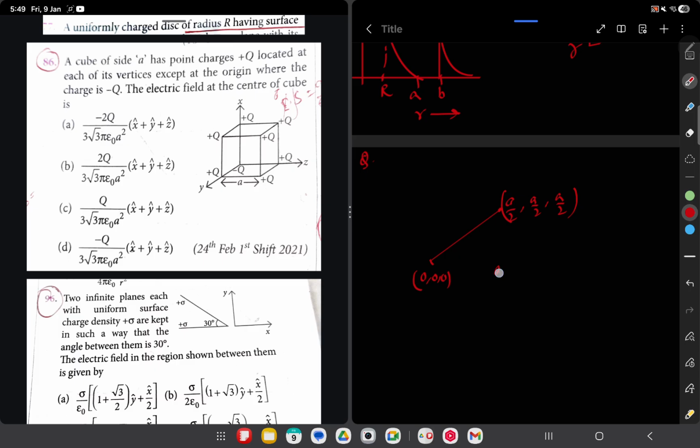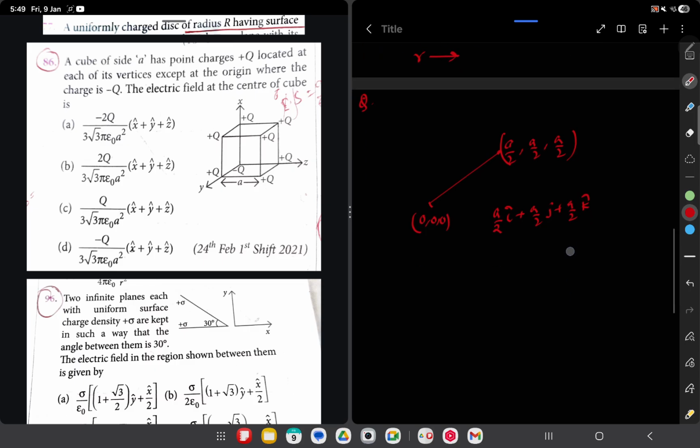So you may write a by 2 i cap, a by 2 j cap, a by 2 k cap, and the distance, mod of r, will be root of a by 2 cube into 3.